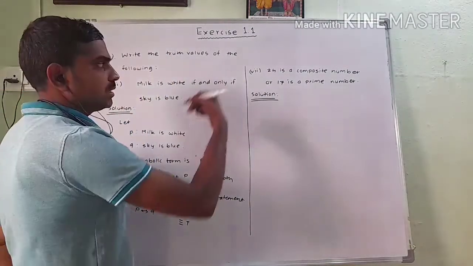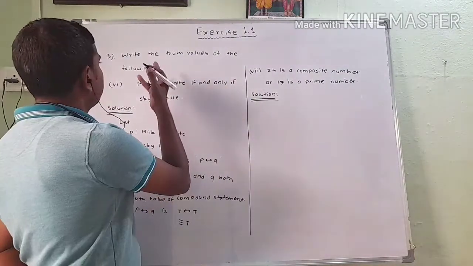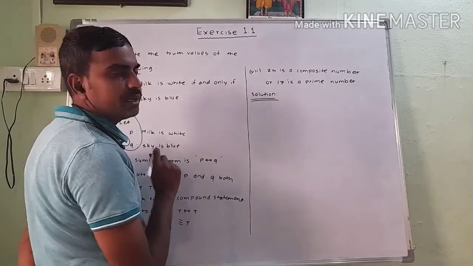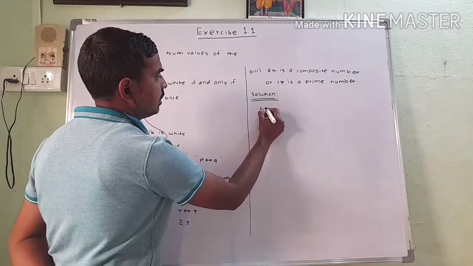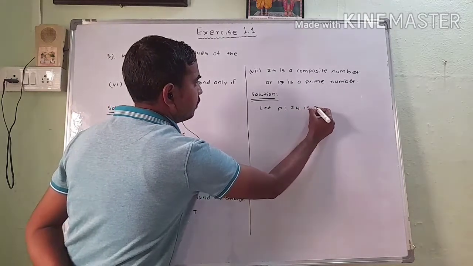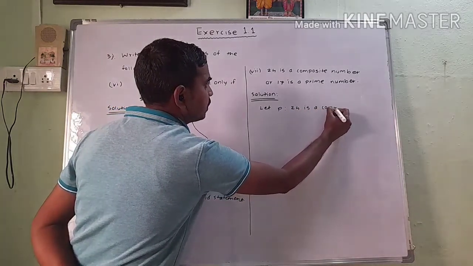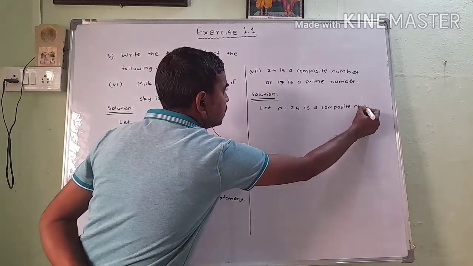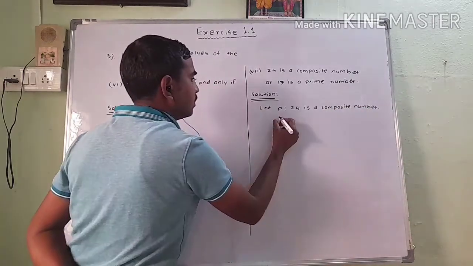Now we'll see the next, last compound statement in the third type: 24 is a composite number or 17 is a prime number. First of all, write the simple statements. Let P stand for 24 is a composite number.